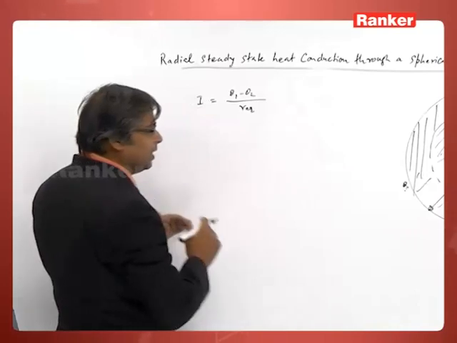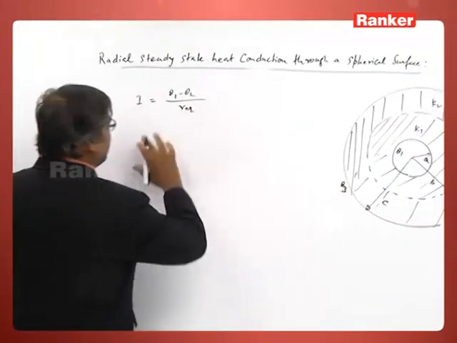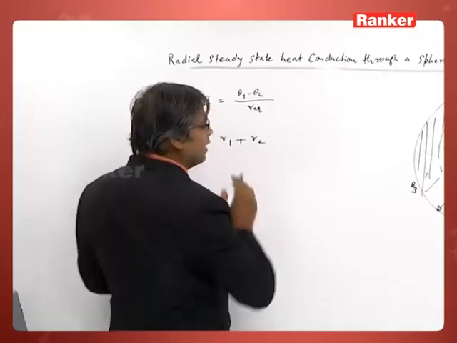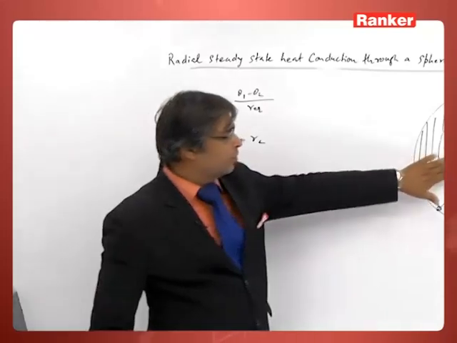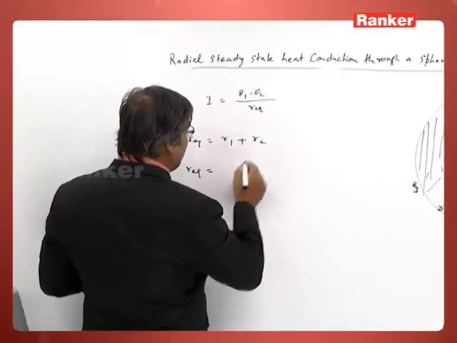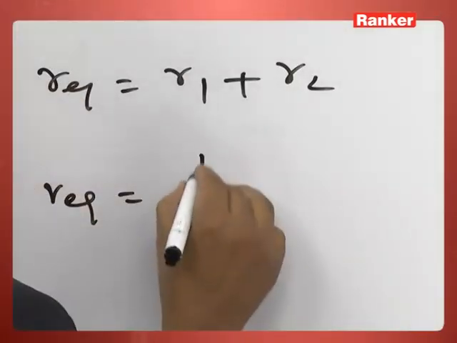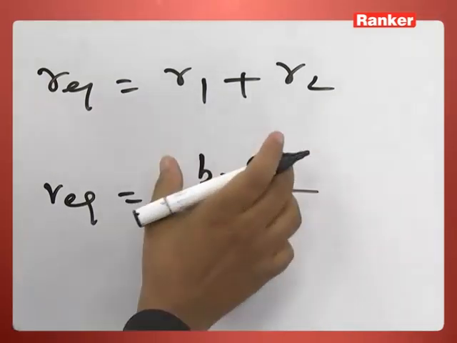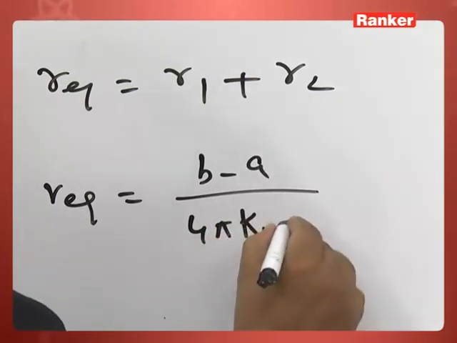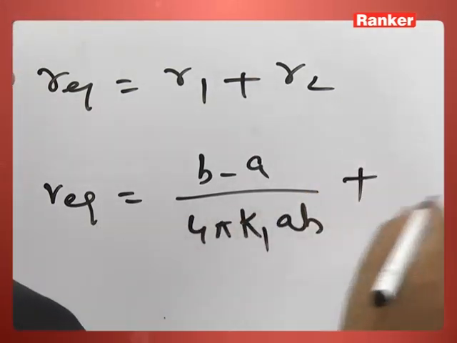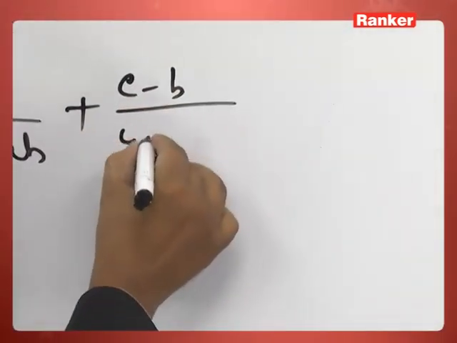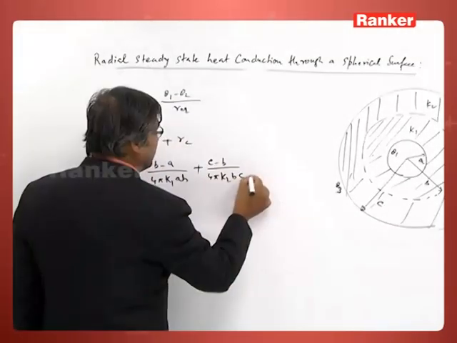So, the R equivalent is equal to R1 plus R2, where R1 and R2 are the thermal resistances of these spherical conductors. So, R equivalent is equal to (B minus A), the radius difference, by 4 pi K1 AB, plus for this it will be (C minus B) by 4 pi K2 BC.